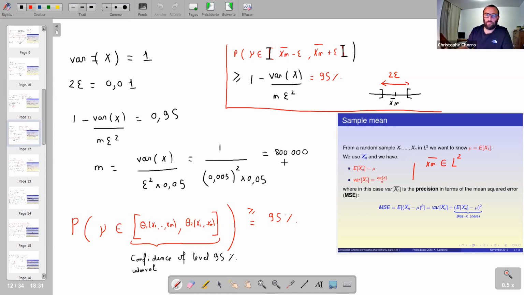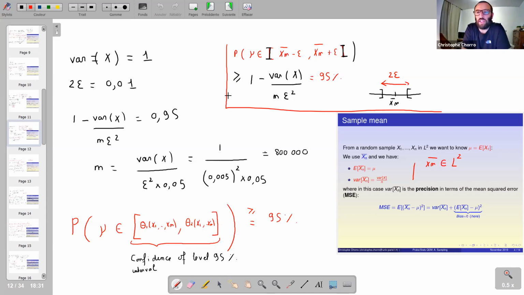Of course, this number is huge with respect to the one I have obtained, that is around 150,000. But it's because in this situation, I use an approximation. The Chebyshev inequality allows me to have a bound for my confidence interval that is not optimal.